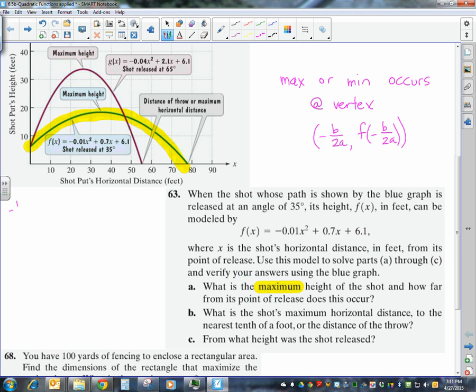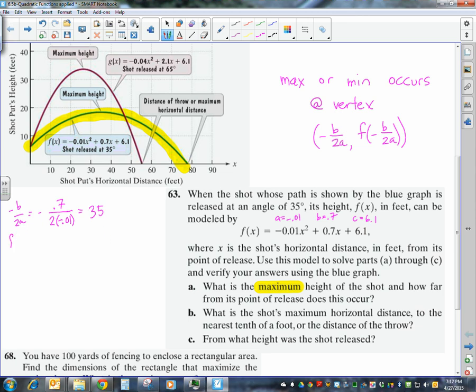Negative b over 2a: what is b? Remember, a is negative 0.01, b is 0.7, and c is 6.1, which I really don't need right now, but we'll come back to that. So b is 0.7, and 2 times a is 2 times negative 0.01. Put that in your calculator, and hopefully you'll come back with an answer of 35.